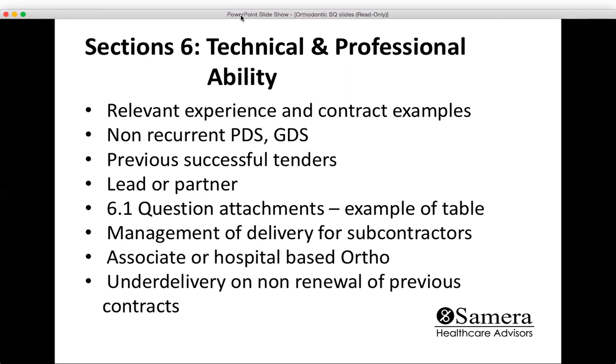So you just need to declare exactly the circumstances around this, and you've got 500 words on the portal to detail this. Basically, the more you can detail to mitigate the reason, then that would be more likely to be sympathetically heard by the commissioners.